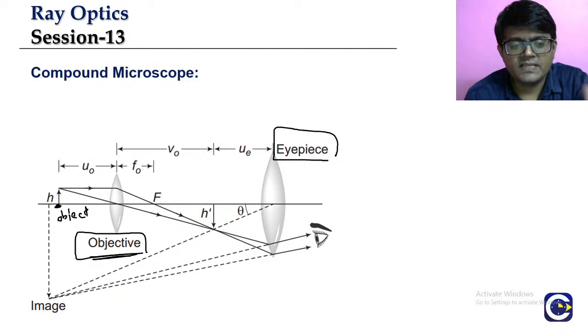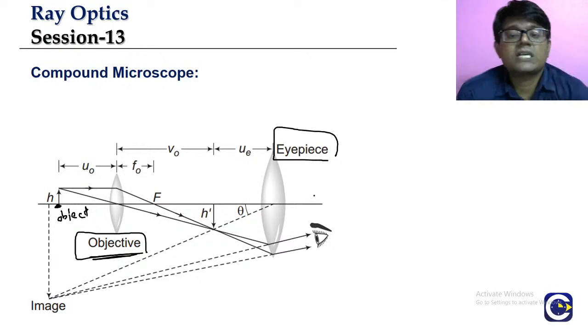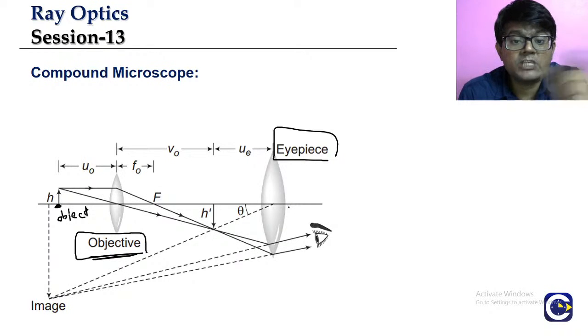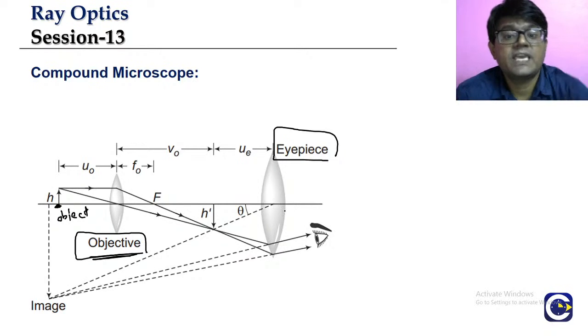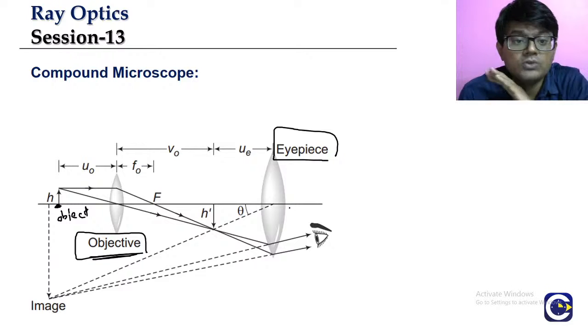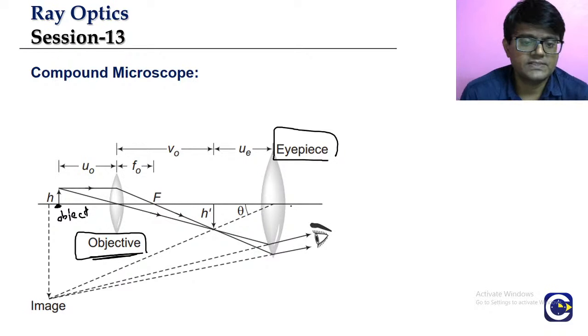The lens that we keep close to the object is called the objective. The lens that we keep close to the eye is called the eyepiece. We will be able to understand the specifications once we see the working, because then it makes sense why we are choosing some specifications. So first we'll go through the working of the compound microscope, then we'll talk about the specifications and the reason for them.